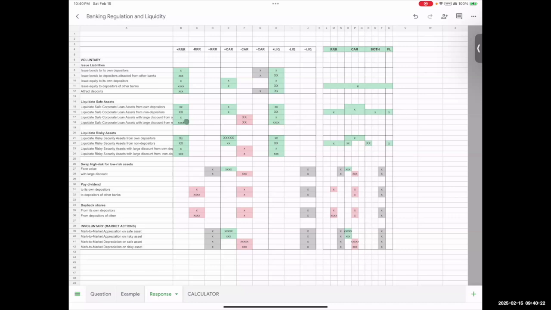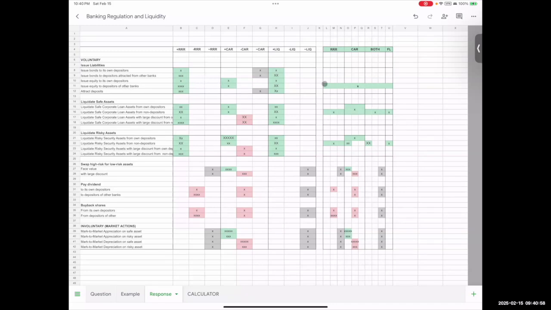So let's take a look at the responses for a minute. For example, if we look at these operations based on issuing liabilities, I can open the calculator and show you how it looks in terms of the numbers. In all of these possibilities, issuing bonds, issuing equity, or attracting deposits, it's going to be best for the bank if it's capable of issuing equity that will be purchased by the depositors of other banks.